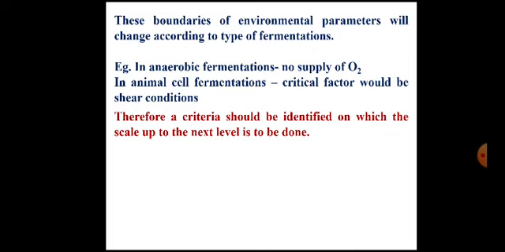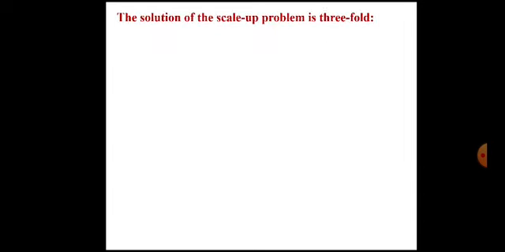That means we need to identify the parameter which fluctuates the most when we change scale. So that critical factor has to be modified, or we need to concentrate more on that particular factor. So that is called a scale up criterion.